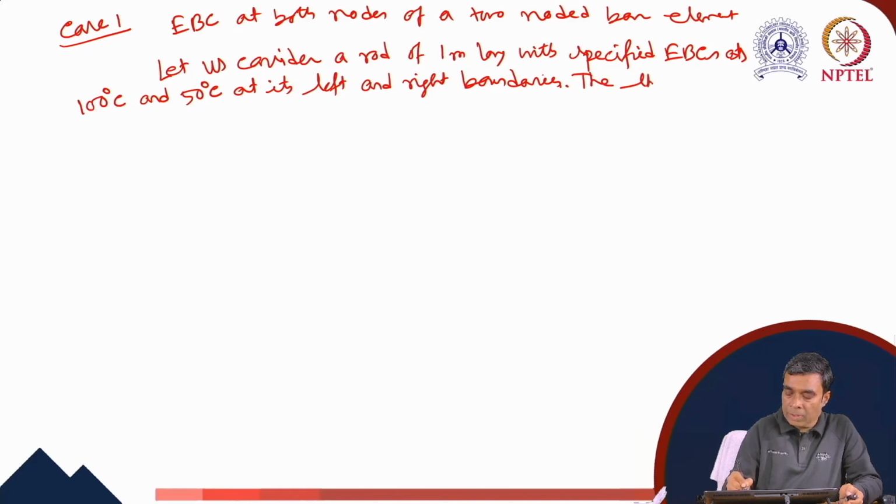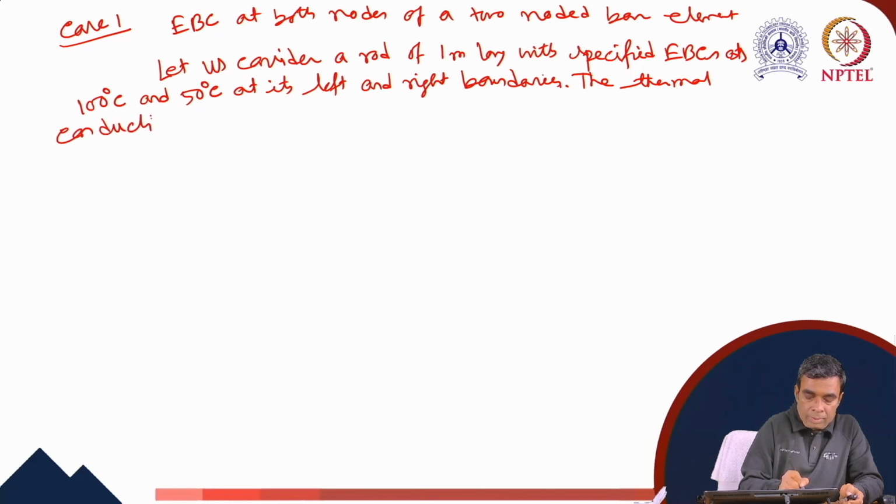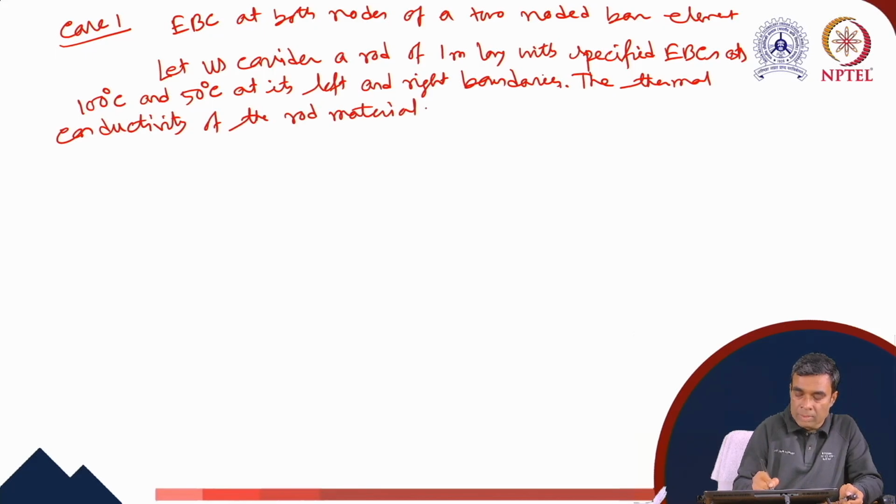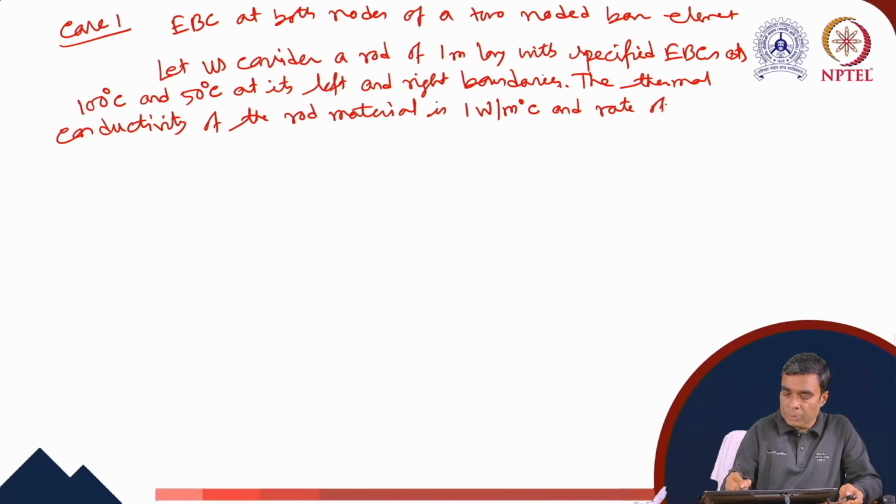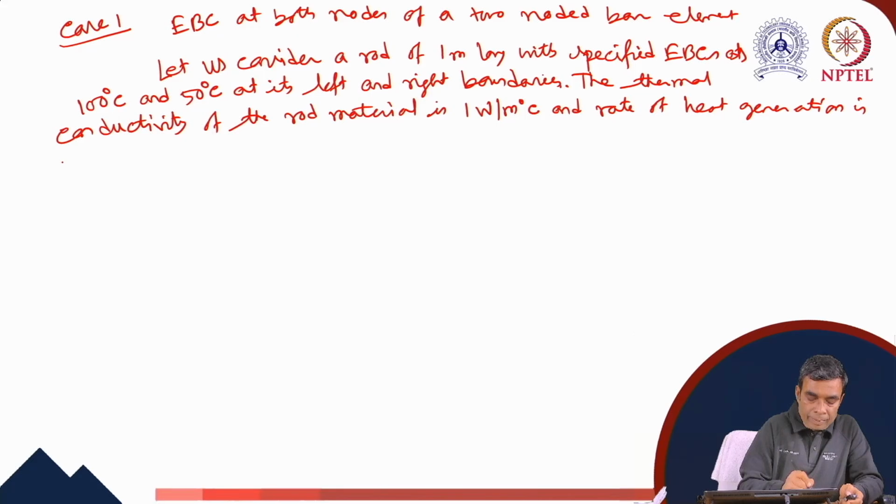The thermal conductivity of the rod material is 1 watt per meter degree centigrade and rate of heat generation is 1 watt per meter cube. Find the temperature distribution.